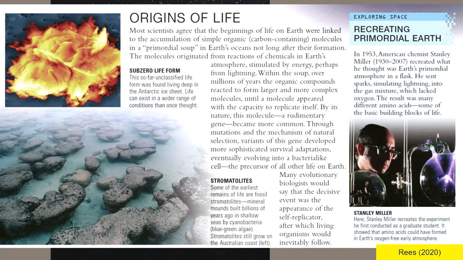So they were able to simulate the primitive Earth's physical environment, and what they found were different amino acids present in the experiment. So they were able to create building blocks of life through simulation or recreation of the possible environment of our planet back then. So it was a very important experiment, and we will talk more about it when we go to Unit 3.